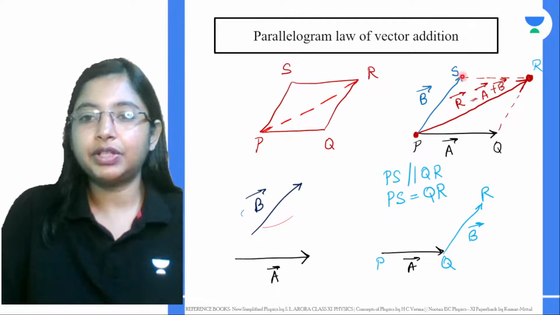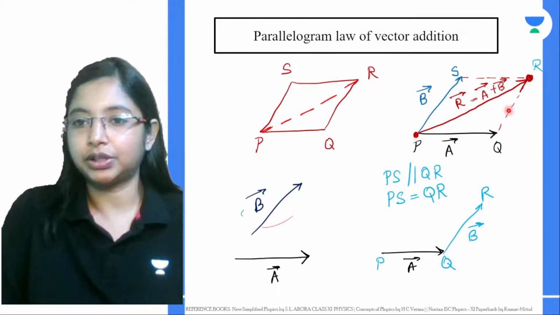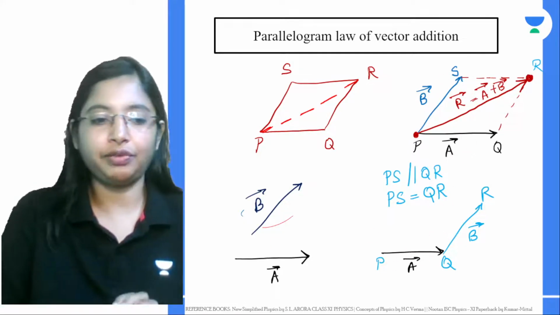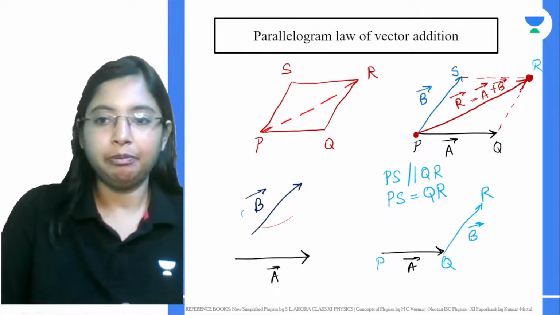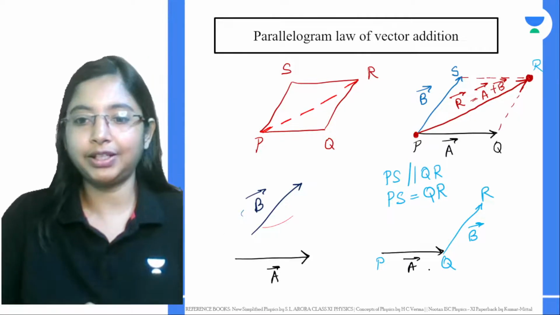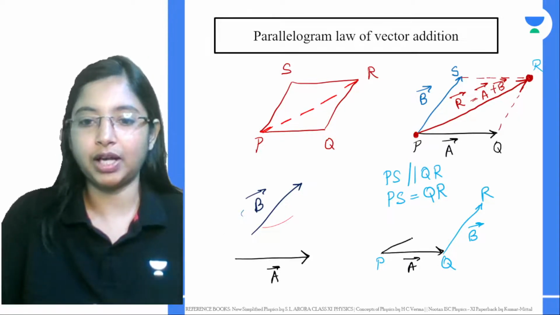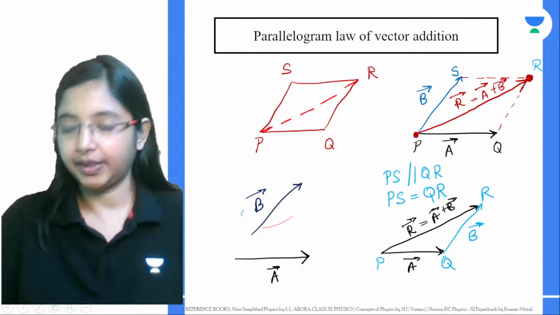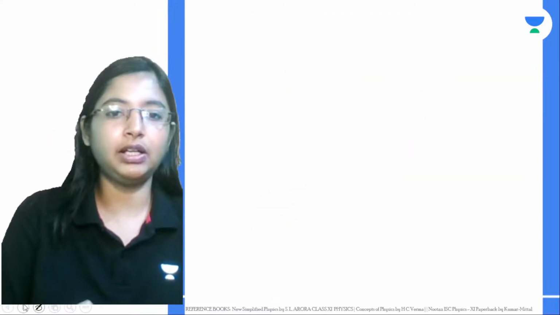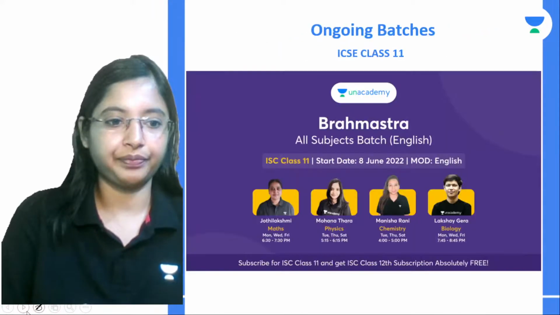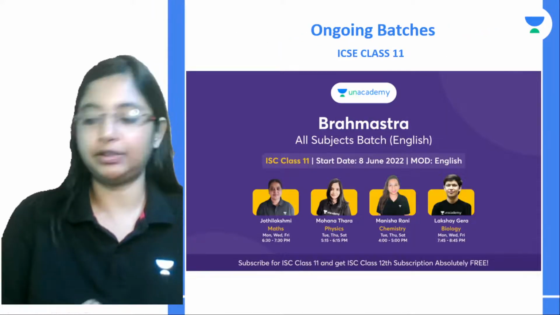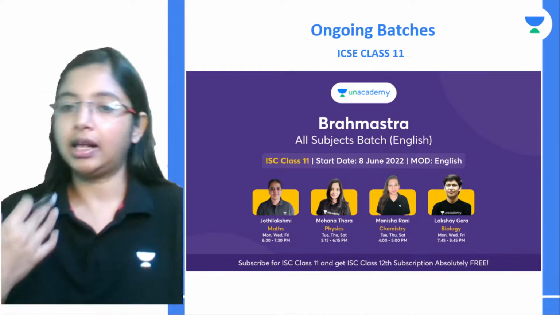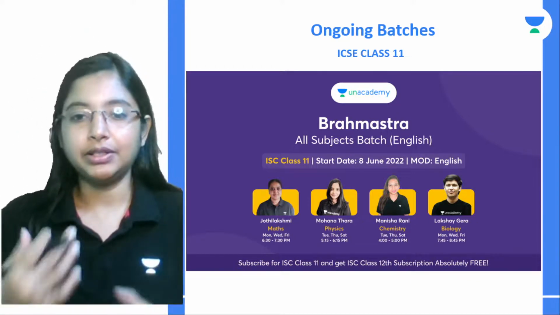So you can just shift the vector, and as you shift it, you can now add using the triangular law of addition. This will be the resultant vector, which is again A vector plus B vector, producing the same result as the previous case. So these are the 3 laws of vector addition, and we have also seen that vector addition is commutative as well as associative.